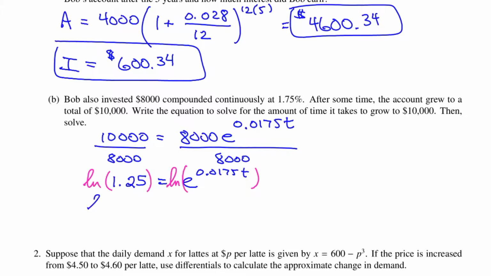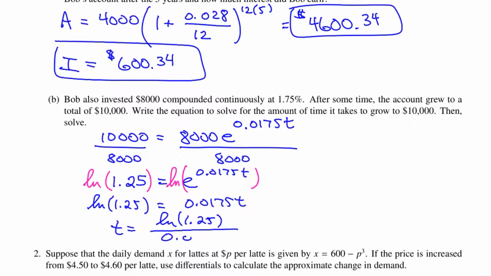That gives me ln(1.25) = 0.0175t, and t is equal to ln(1.25) divided by 0.0175. You work that out and you get 12.75 years.